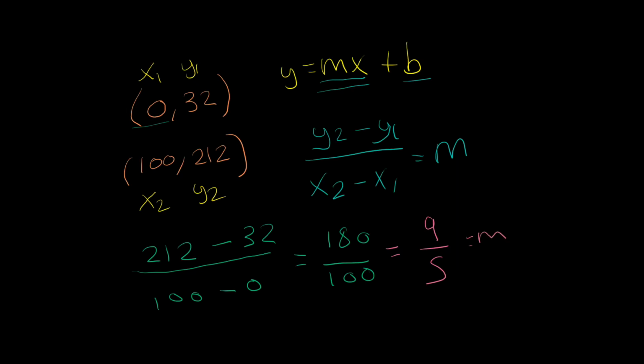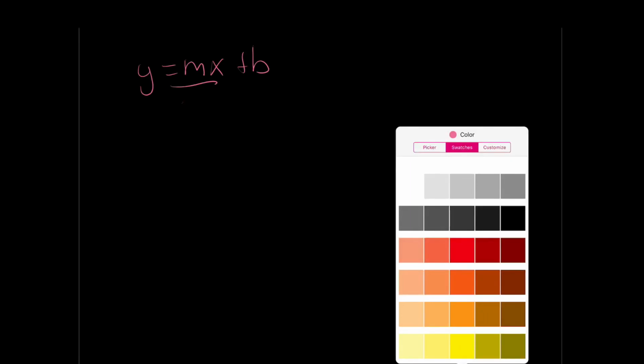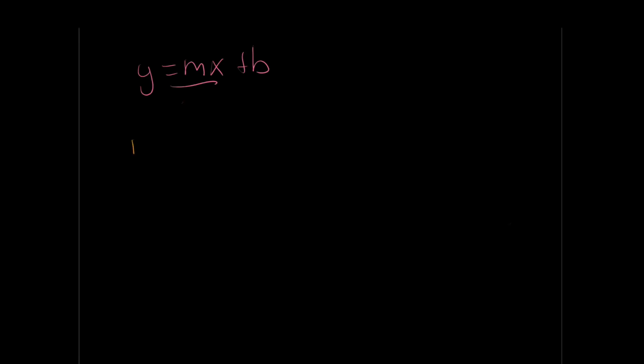Let me just move to the next page so you can see what I'm doing clearly. So equation of line, we want this, and we just worked out that m equals 9/5. Now we need the y-intercept.